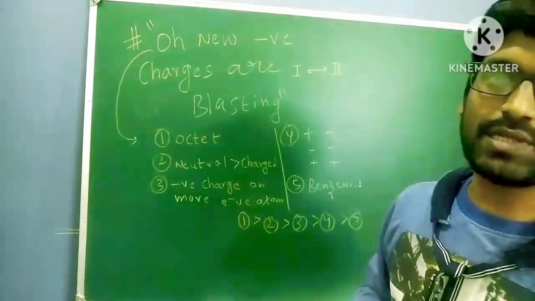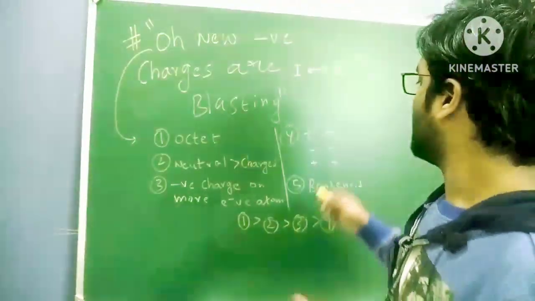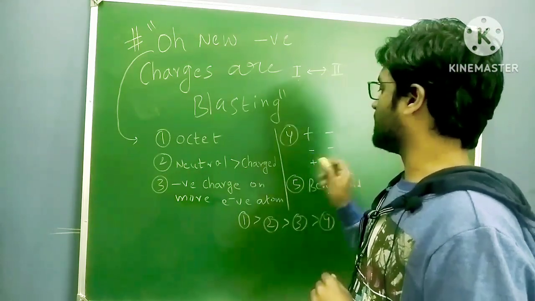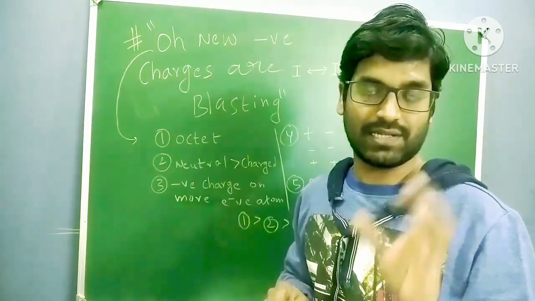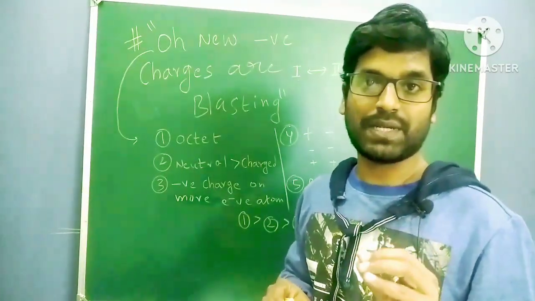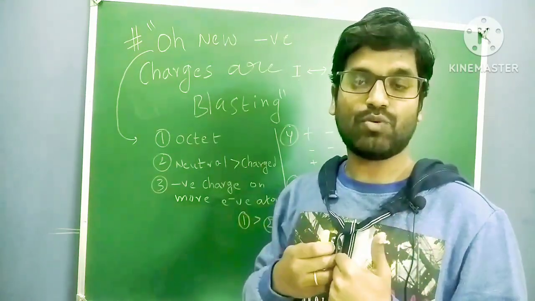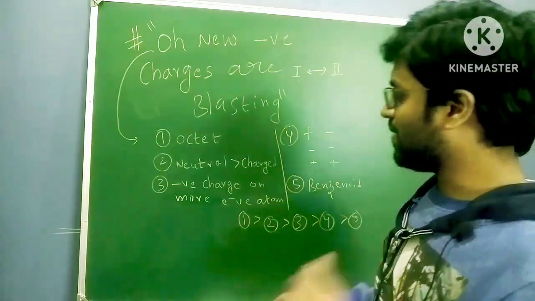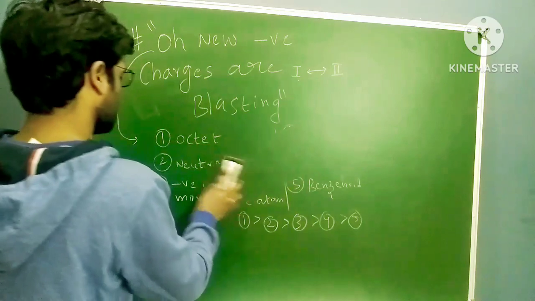Same charges, minus and minus, plus and plus, they should maintain distance with each other, right? Minus and plus, they have to be close to each other. Last one, benzenoid compounds. I will explain everything in a very clear manner.